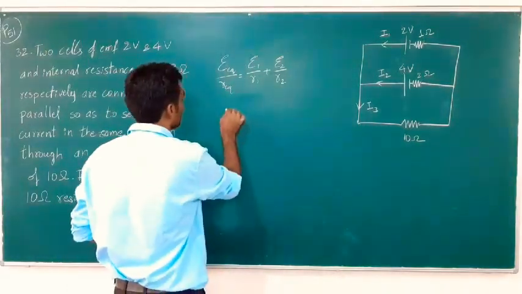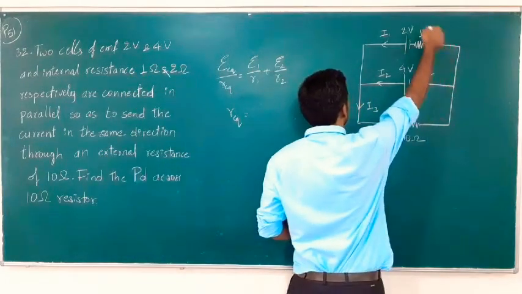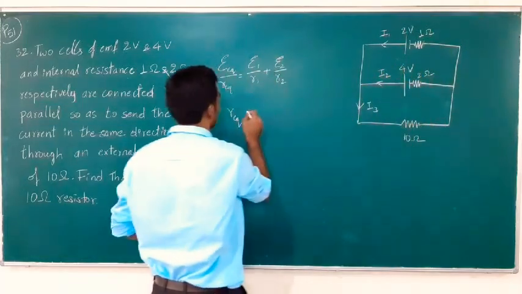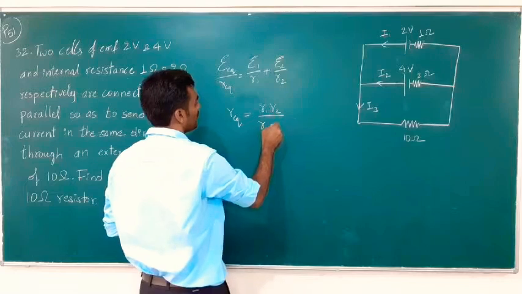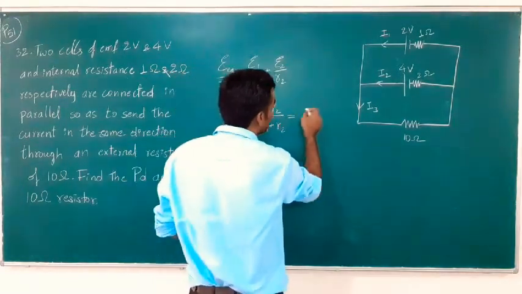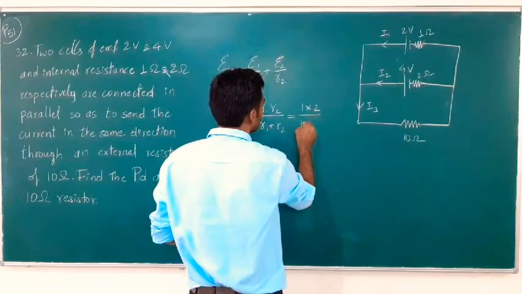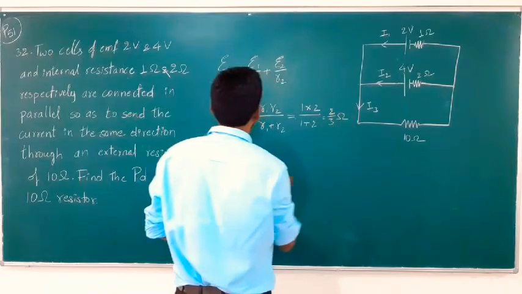Let us solve for R equivalent, which means the equivalent internal resistance of this combination. R equivalent is R1 R2 by R1 plus R2 because it is a parallel combination. R1 is 1 ohm, R2 is 2 ohm, so it is 2 by 3 ohm.